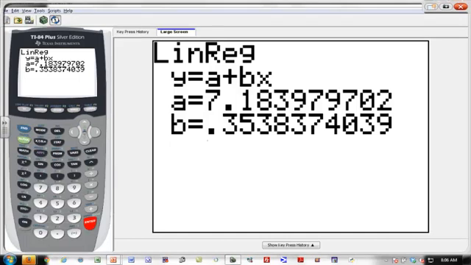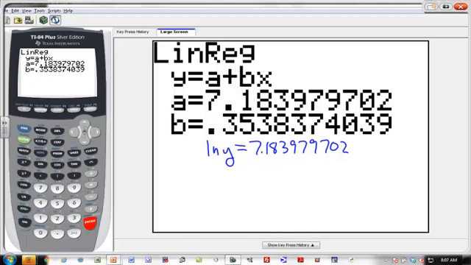We have that the natural log of y is equal to 7.1839799702. And I hate to say it, but this particular procedure really gets messed up if you drop any digits.